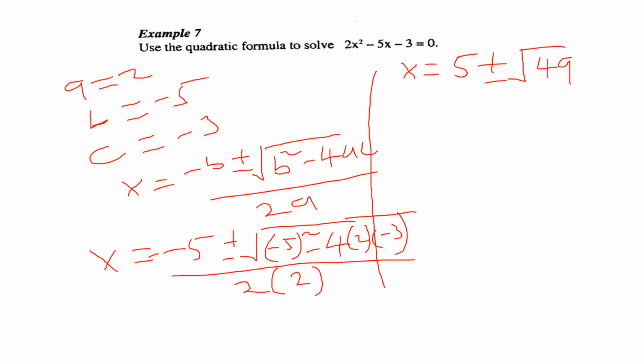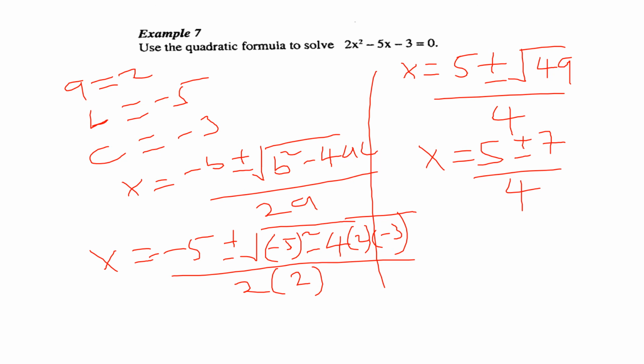Then we divide by 4, since 2 multiplied by 2 is 4. The square root of 49 is 7, so we shall have x equivalent to 5 plus or minus 7, divided by 4.